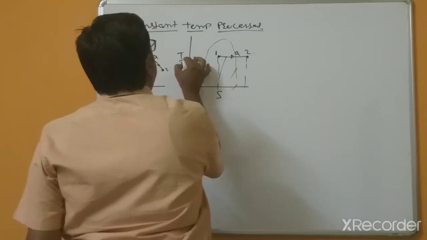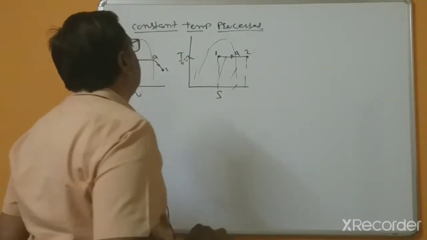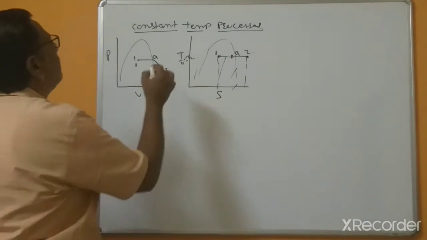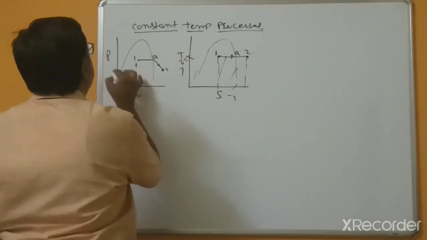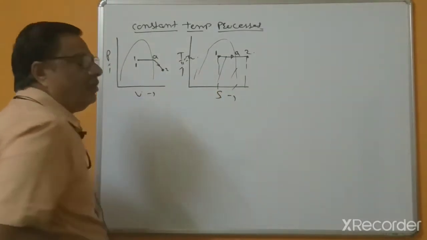This is T1 equal to T2. So in this case, this is temperature versus entropy, and this is pressure versus volume.